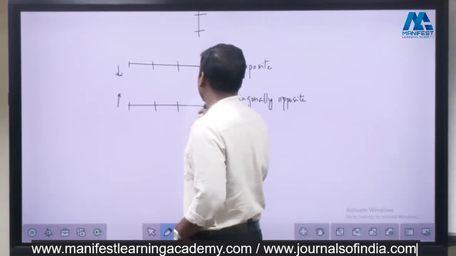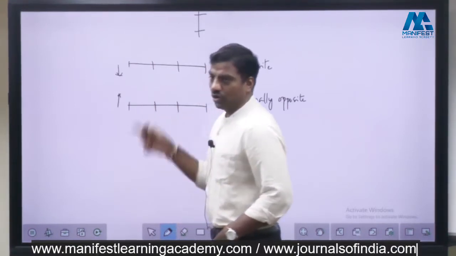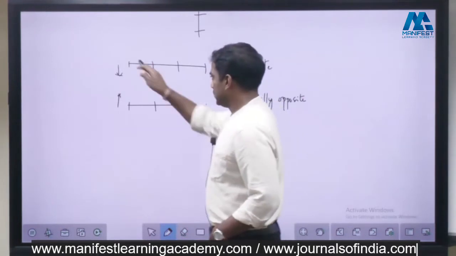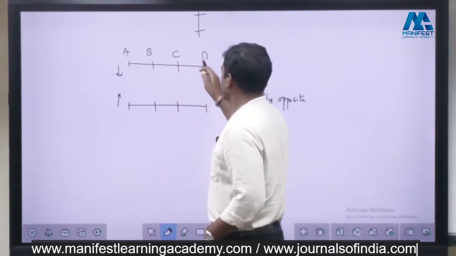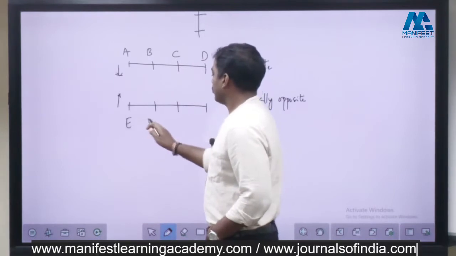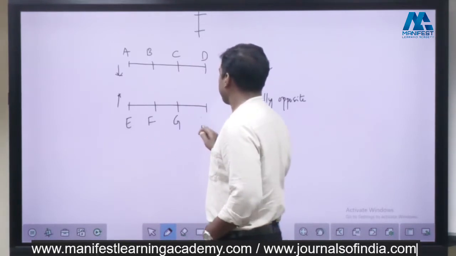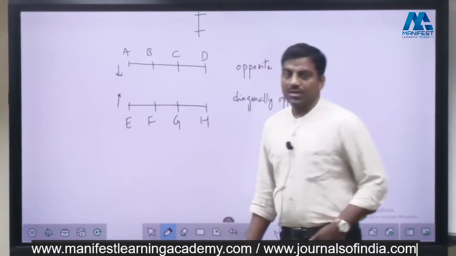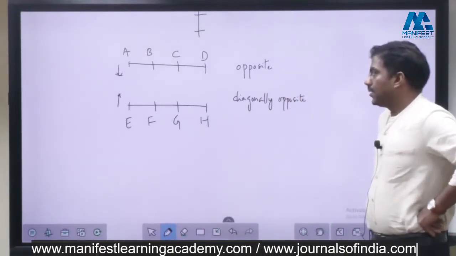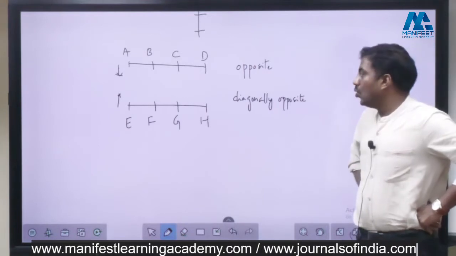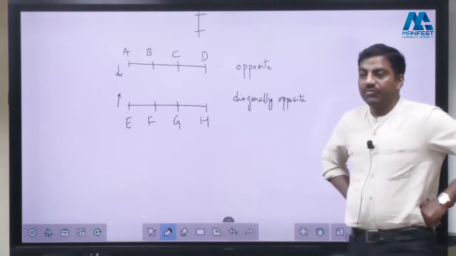These are the persons, 4 on this side, 4 on that side. Okay, now tell me, who is sitting opposite of B?